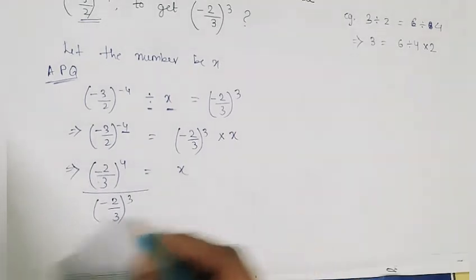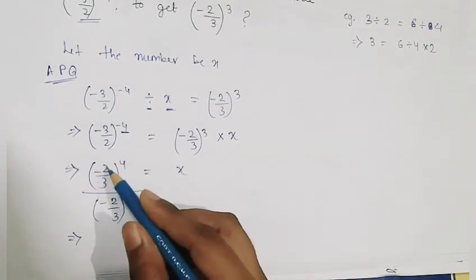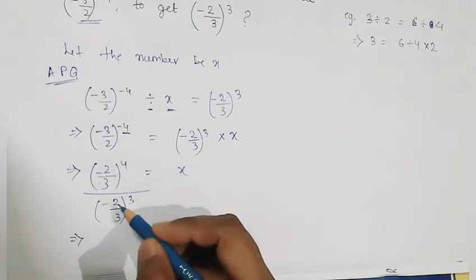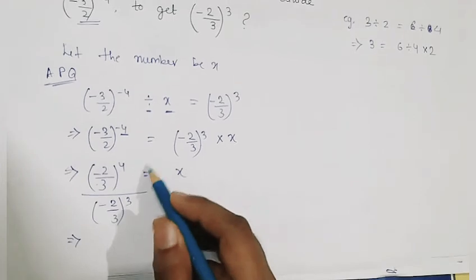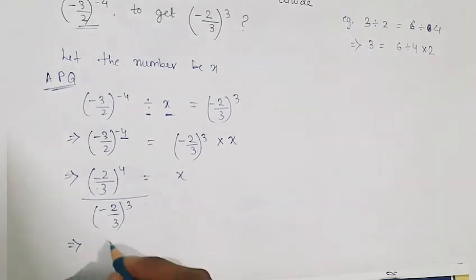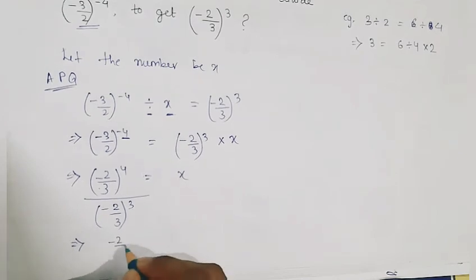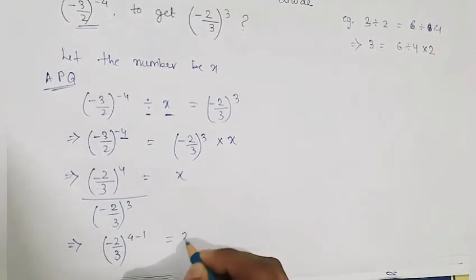Now we can see there are two similar bases, minus 2 upon 3. If we consider this whole number as a base, then we can see they are being divided. So according to the law of exponents, we can subtract the two powers by writing the base first: 4 minus 3, which is equal to x.